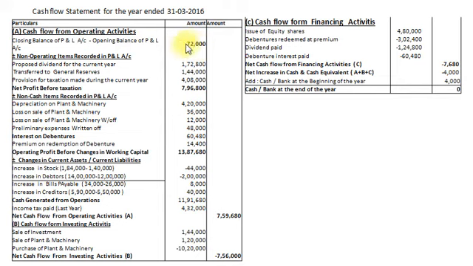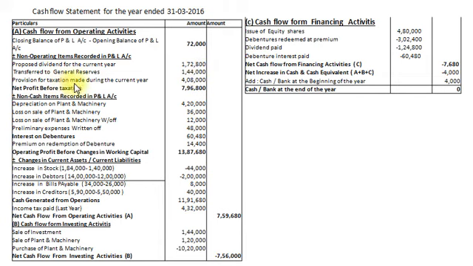In this net profit we will add non-operating items recorded in profit and loss account and the effect will be either plus or minus. First, proposed dividend for the current year will be added 1,72,800. Transferred to general reserve rupees 1,44,000 added.